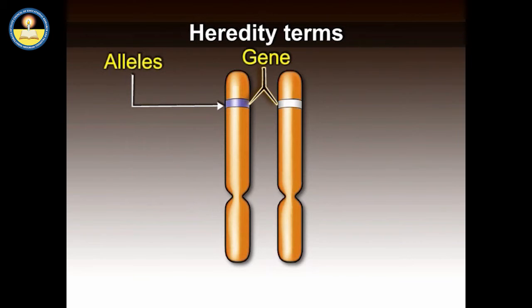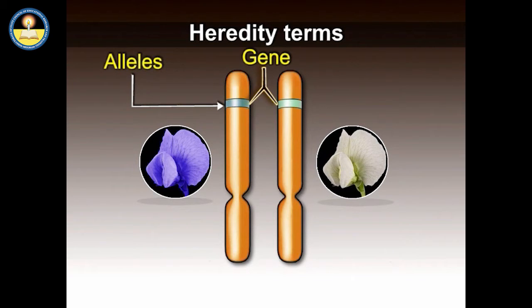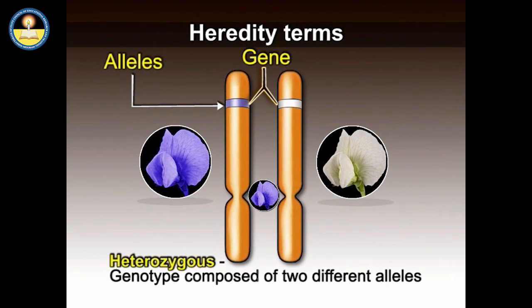For example, the gene for the color of a flower is expressed by two of its alleles: allele for purple flower, allele for white flower. When each parent provides a different allele of a given gene, the offspring is referred to as heterozygous.